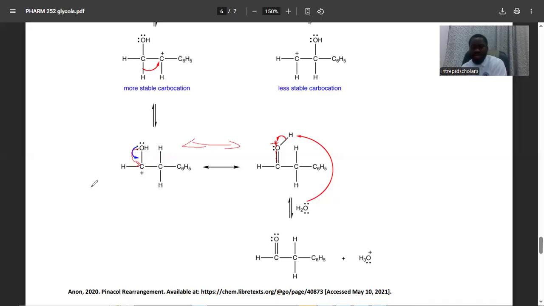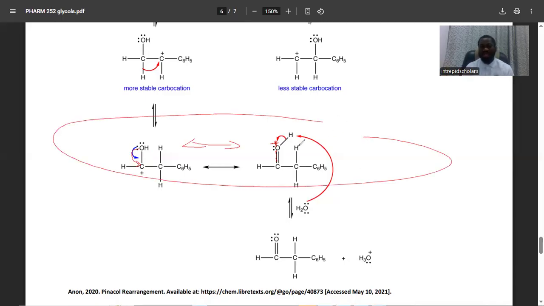If I have three resonance structures, I am more stable than the one that has two. And so the more the resonance structures, the more stable, right? Now this is the whole reason why the shift will occur. Because when you do the shift to form your oxocarbenium ion, the oxygen in the hydroxyl group can better stabilize the positive charge, the carbocation, to get a more stable intermediate. And I've already explained that reactions will always proceed to form a more stable intermediate.